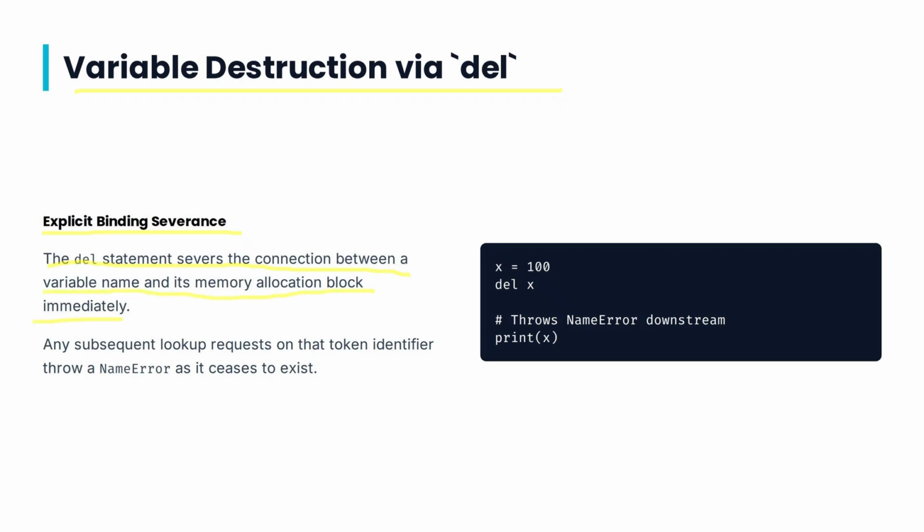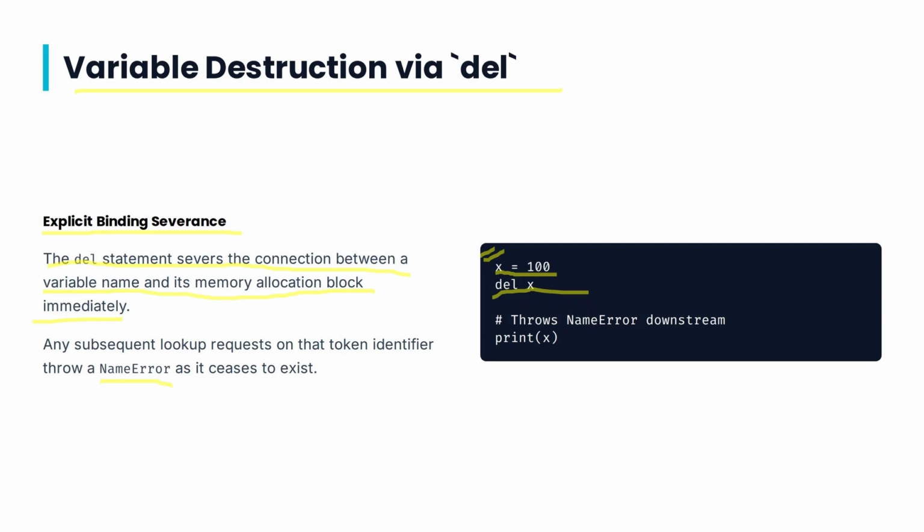Any subsequent lookup request on the token throws a NameError as it ceases to exist. So here we created a variable x where we stored the value 100. Then we did del x. What does del x do? It deletes the variable from its memory allocation block immediately.